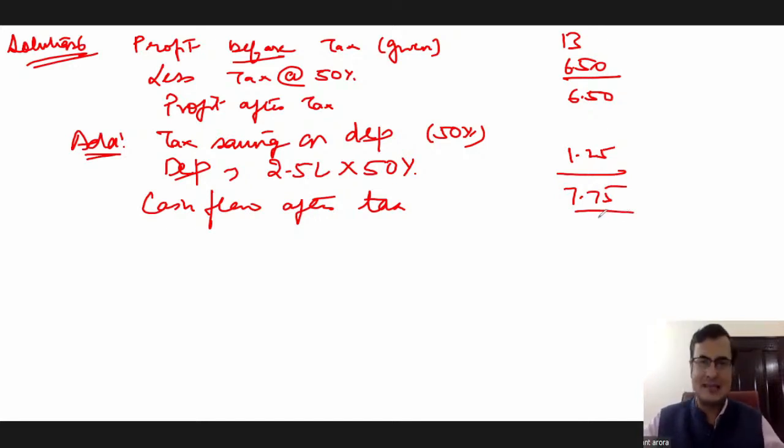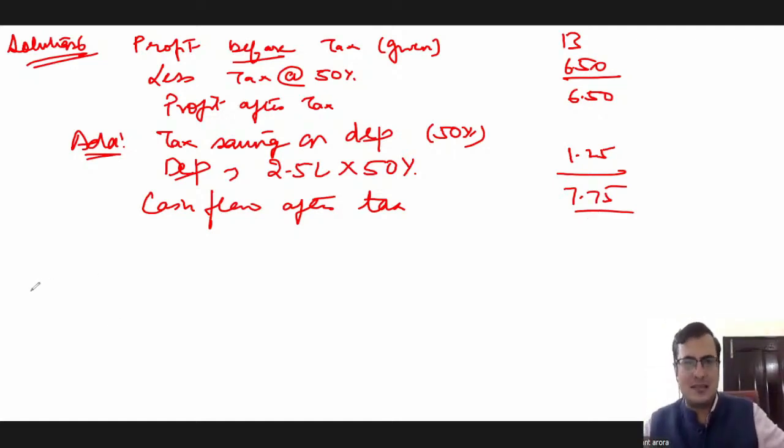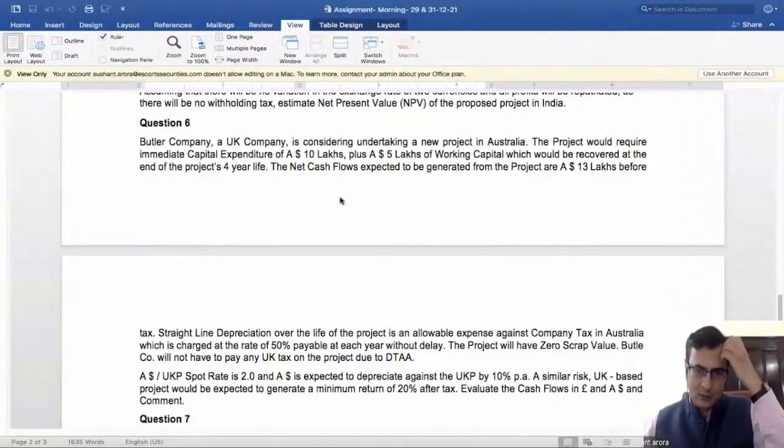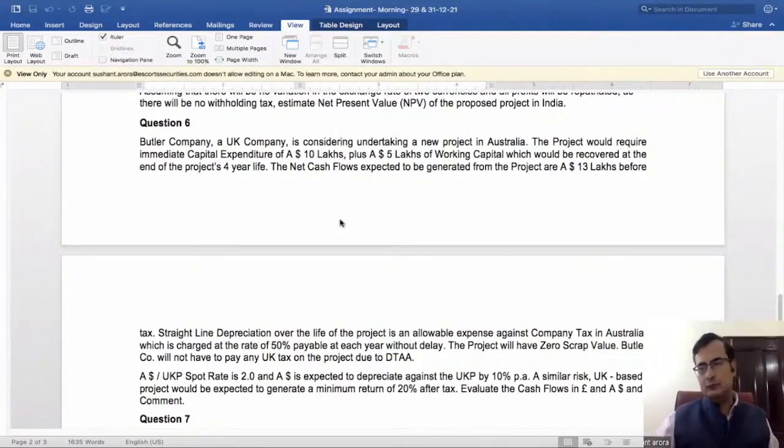Now, what should be the second step? Now we know the discount rate which is there. Let's come back to the question. The discount rate we don't know in Australia.